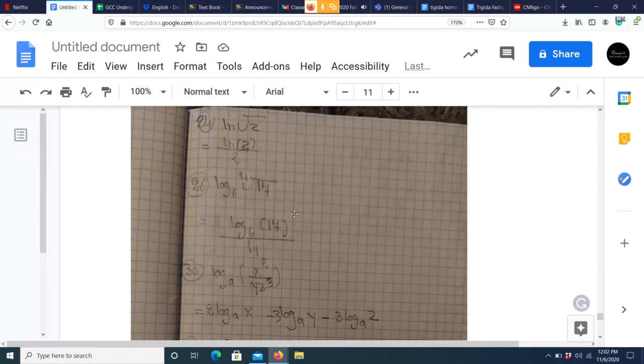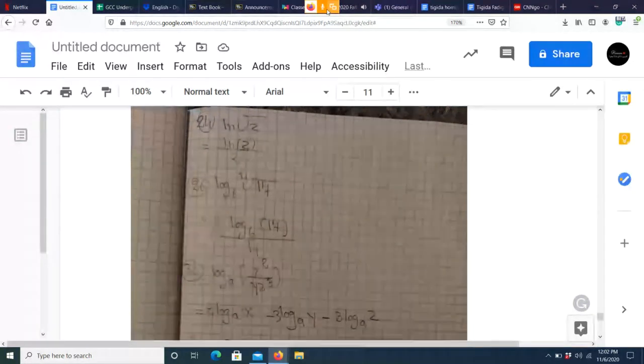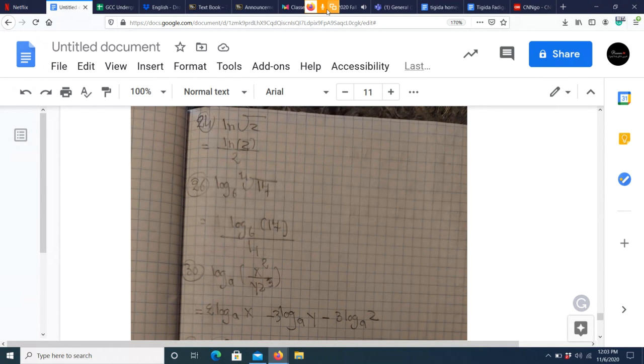Can you see my chat? Fourth root of 17 can be written as 17 raised by quarter. Does that make sense? Yes. It's like if it was a square root of 17, it can be written as 17 raised by half. By half, yes. Right?